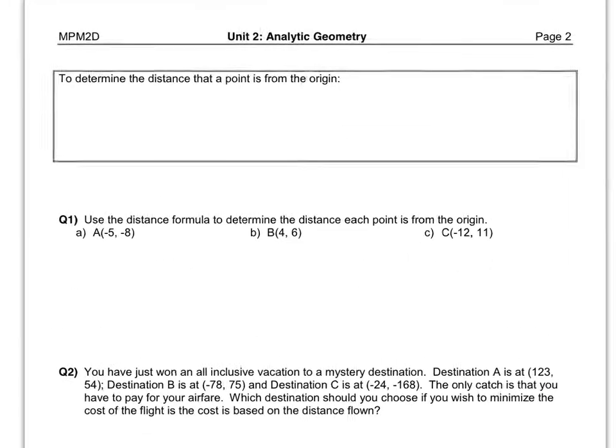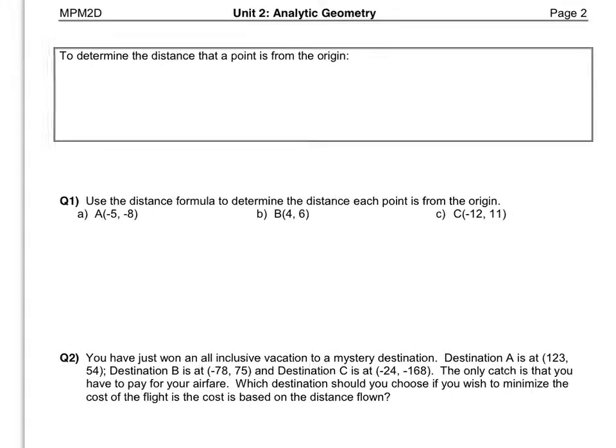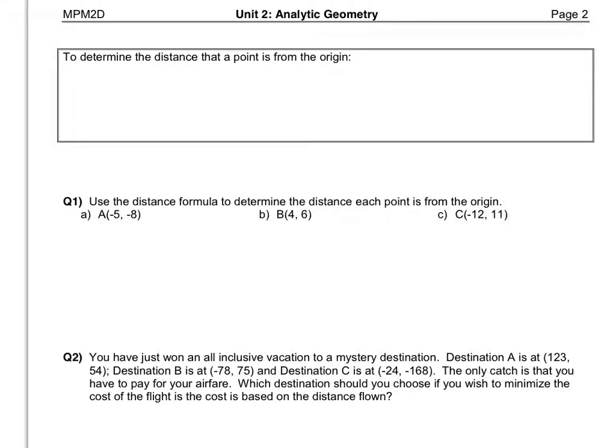All right, let's make this a bit bigger. Here we go. To determine the distance that a point is from an origin, in general, what we are looking at doing here, I'm just getting my pen out, really our distance is based on the Pythagorean theorem. Let me use d for distance.